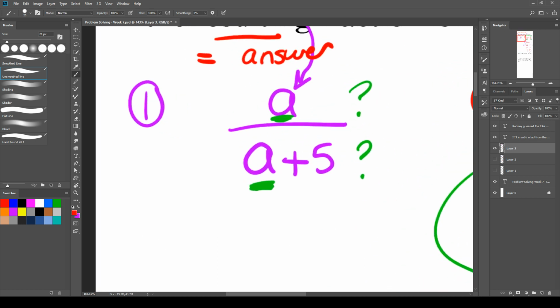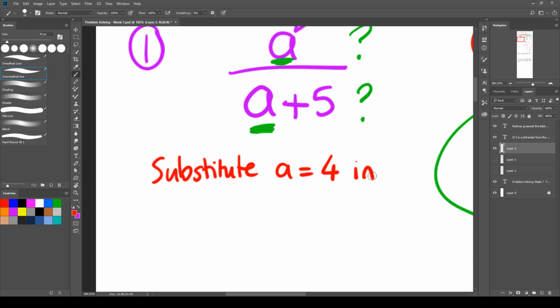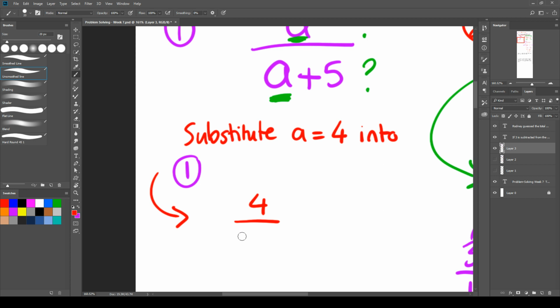Well, now I can actually stick it into here. So I can substitute a equals 4 into 1. So what am I going to get? I will get 4 all divided by a plus 5. So that gives me 4 plus 5.